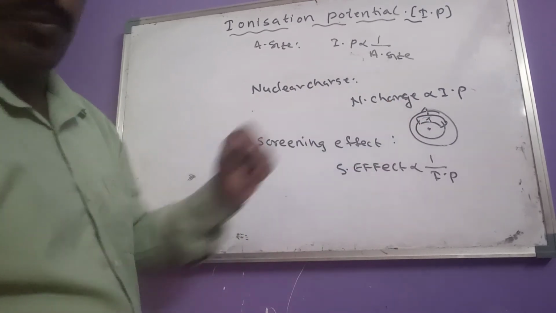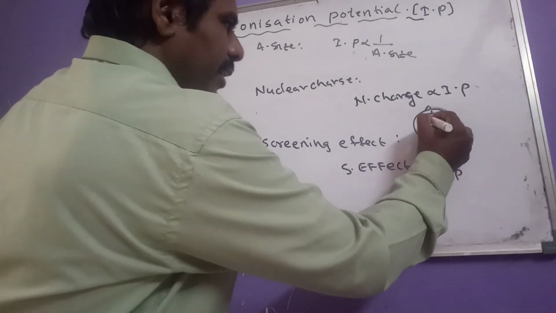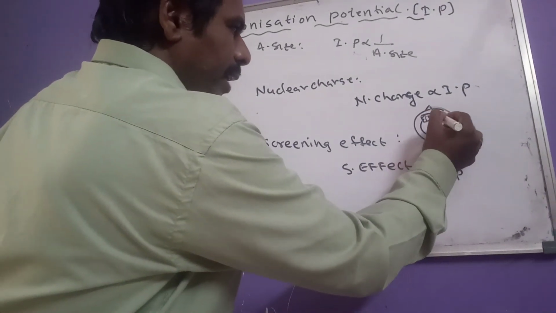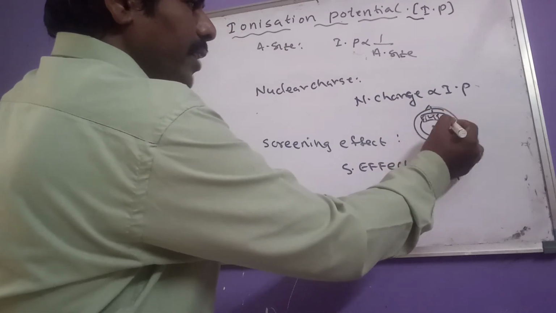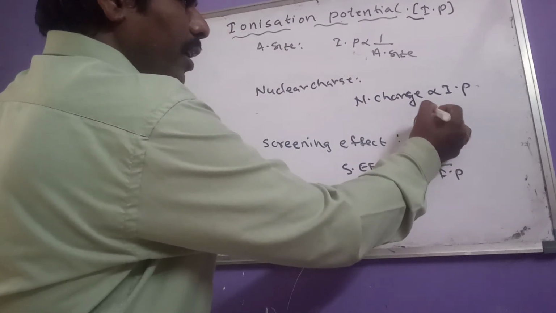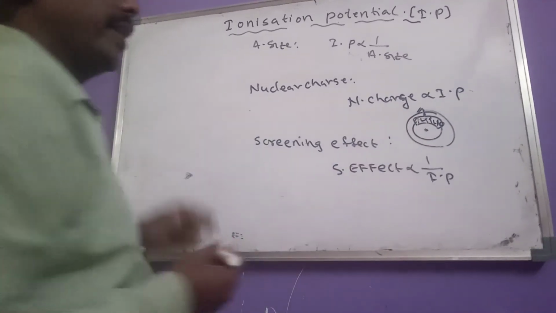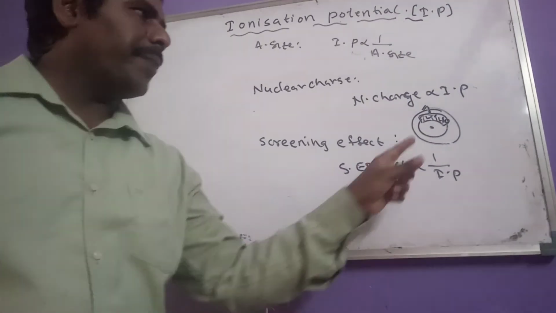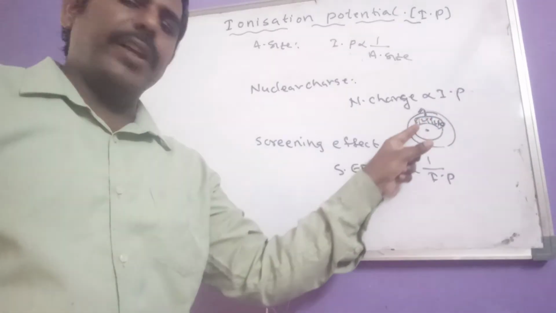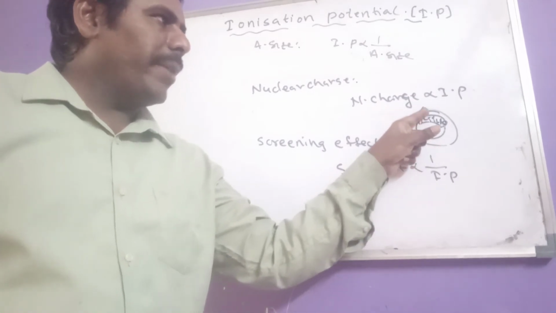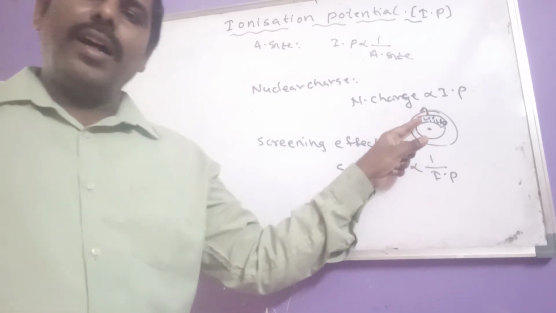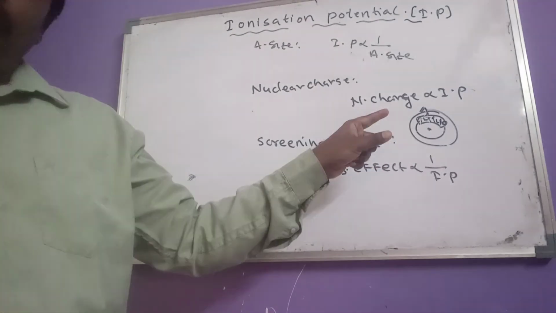nuclear attraction is more. But as the inner orbit electrons increase, if so many electrons are present in between the outer orbit electron and the nucleus, now what happens here? Due to the presence of inner orbit electrons, nuclear attraction may not reach strongly to the outer orbit.